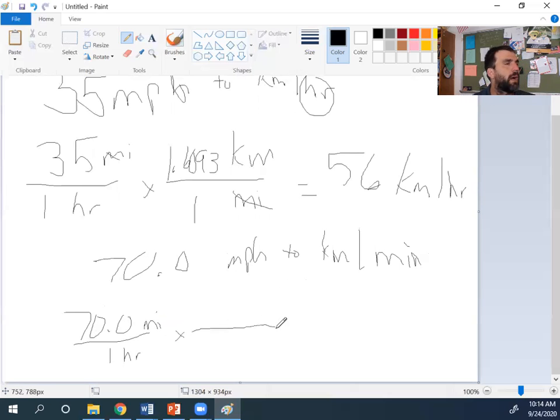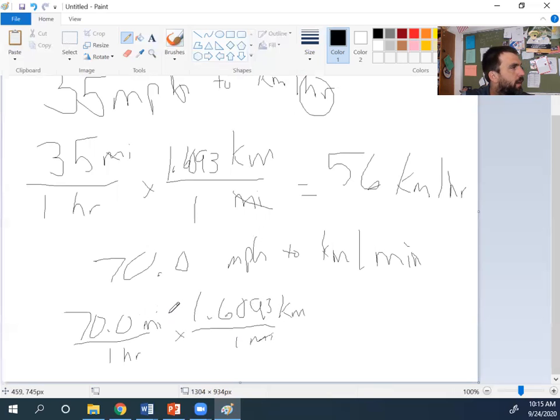Which one am I converting, the miles or the hours? Which one doesn't appear in my new one? Both of them. So does it matter which one you do first? No. I'd probably do miles first because I just did that one. So I know that's 1.6093 kilometers in 1 mile.